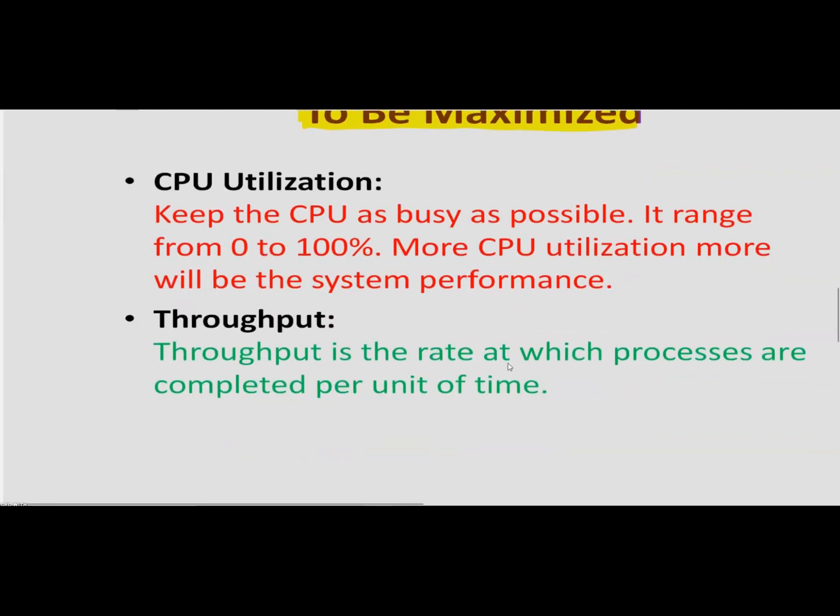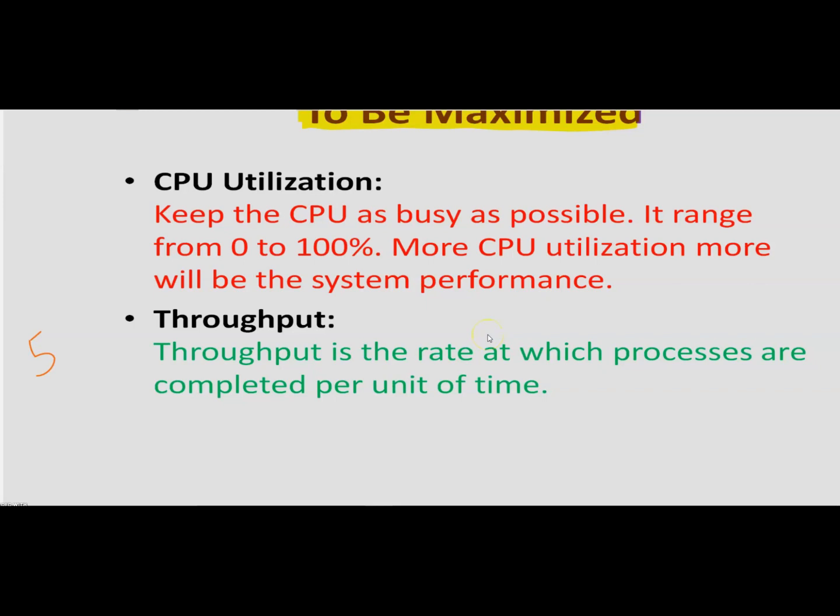The second parameter we are having is the throughput, a very famous term. Throughput is the number of processes that complete per unit time. Suppose 5 processes are there, it means all 5 processes will get the CPU and complete their execution on time. This is called throughput.